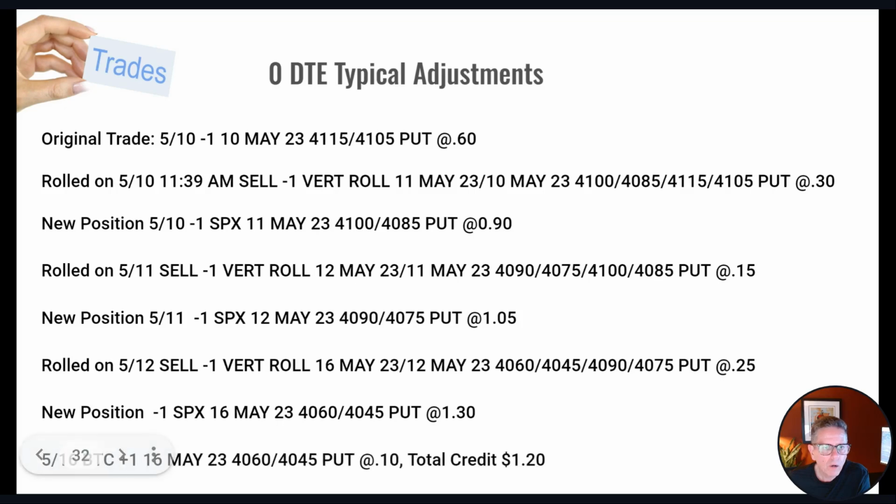Overall, we closed that position at 10 cents, and the total credit was $1.20. That's how these adjustments work. It takes a little bit of time, but it's worth it in the end.